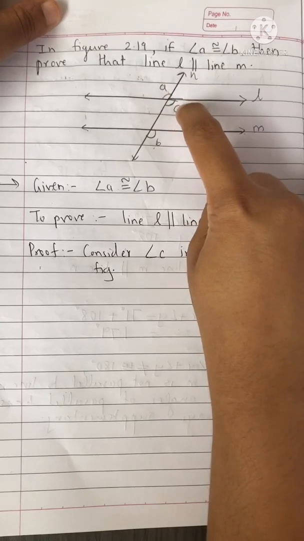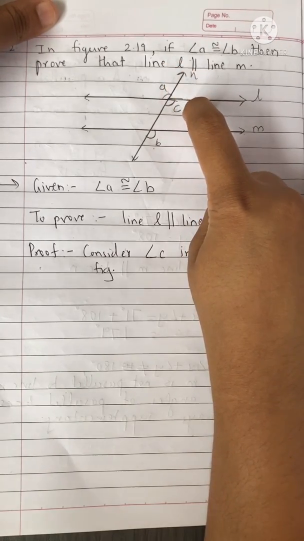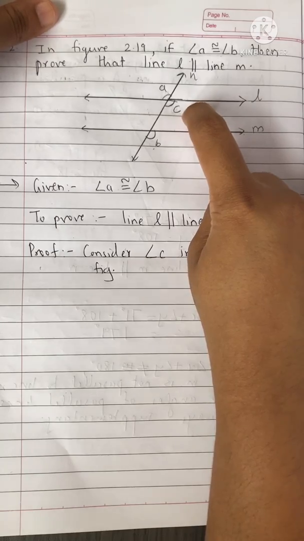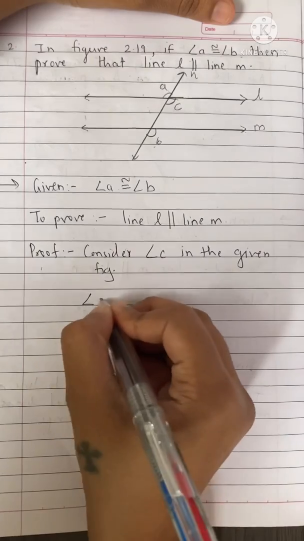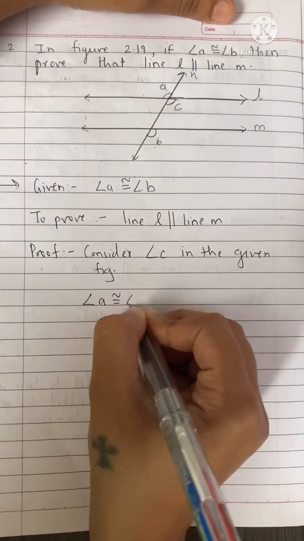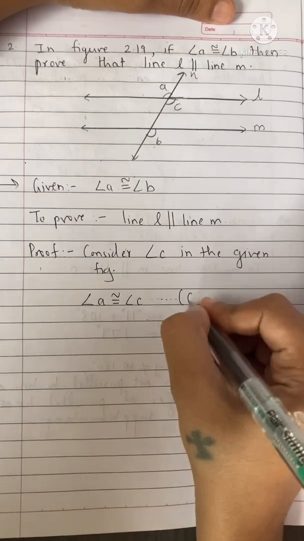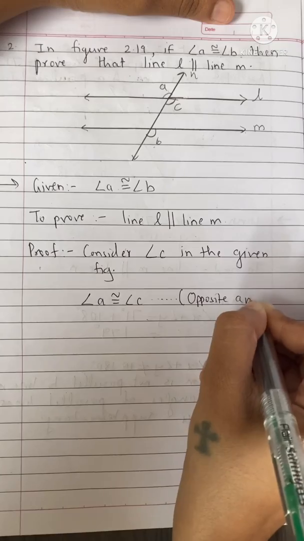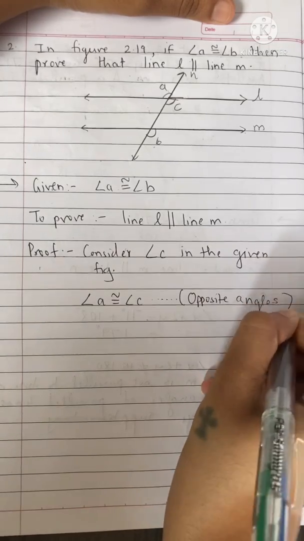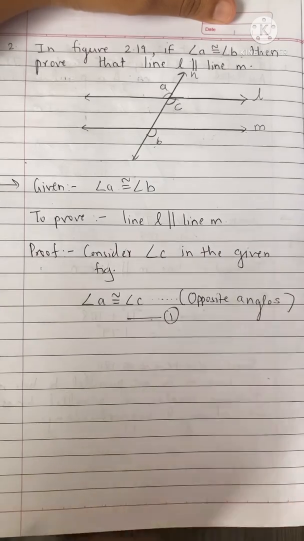So angle A and angle C are exactly opposite angles, and that's why angle A and angle C will be exactly equal. Okay, so we are going to write down that angle A is congruent to angle C. Why? You have to give the reason also, because they are opposite angles. Okay, and give this as equation number 1.